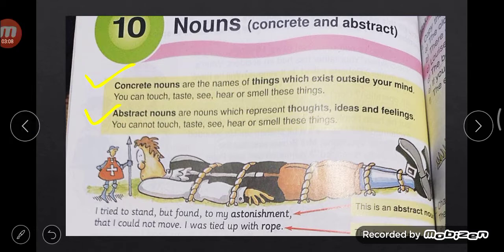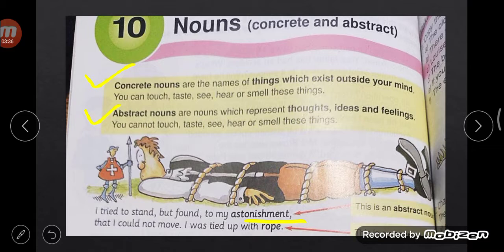You can see in your book that an example has been given to you: I tried to stand but found, to my astonishment, that I couldn't move.